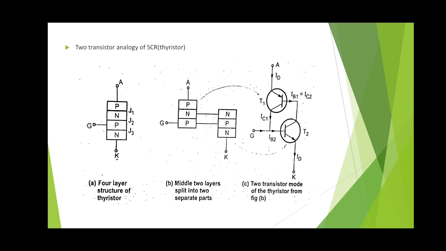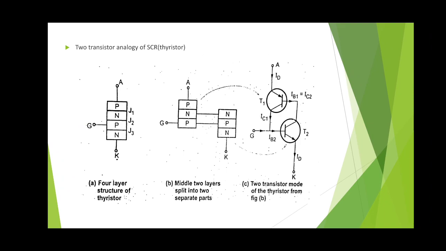The operation of the SCR can be explained with the help of this two transistor model. The directions of currents and the different components of current, that is the anode current, base current, collector current and cathode current, are all indicated in the circuit diagram.